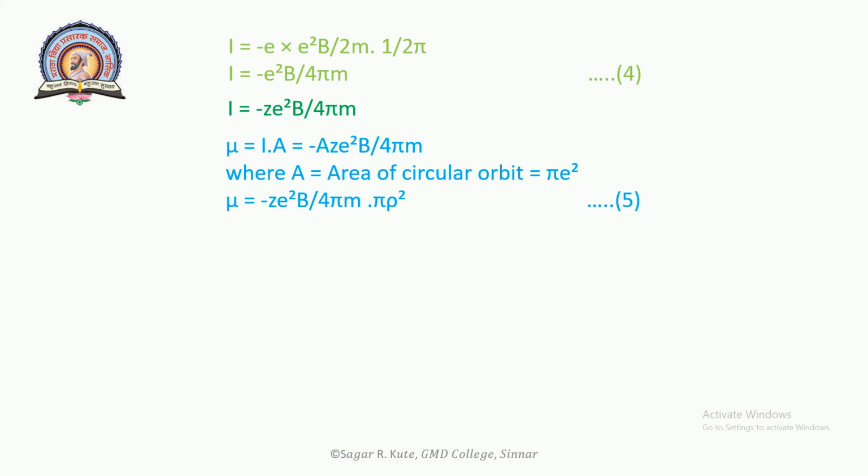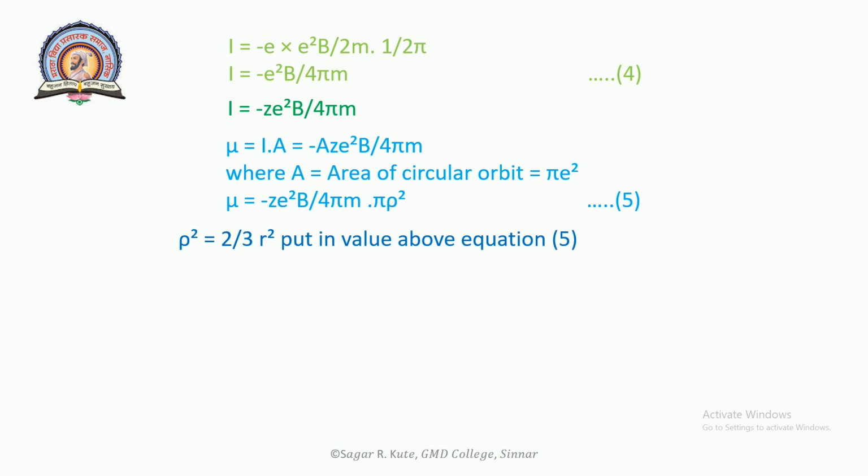Rho square is the mean square radius of the projection of the orbit in the plane perpendicular to the direction of the magnetic field. Rho square is equal to x square plus y square, but for the nucleus r square is equal to x square plus y square plus z square. The nucleus has spherical symmetry, meaning spherical charge distribution.